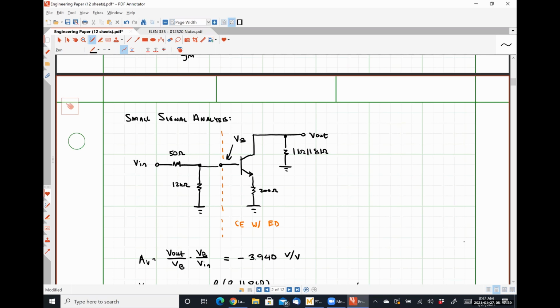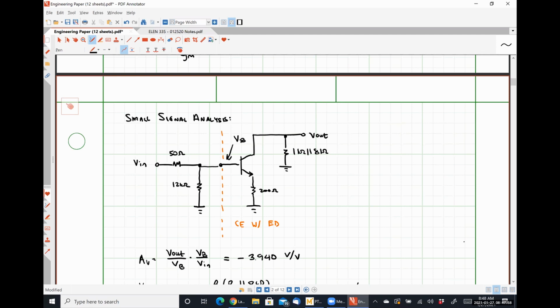I'm analyzing those two things discretely and saying that the overall gain is simply going to be the product, right? Simple algebra tells me that my voltage gain by definition is V out over Vn. So if I multiply V out over VB times VB over Vn, I get V out over Vn.